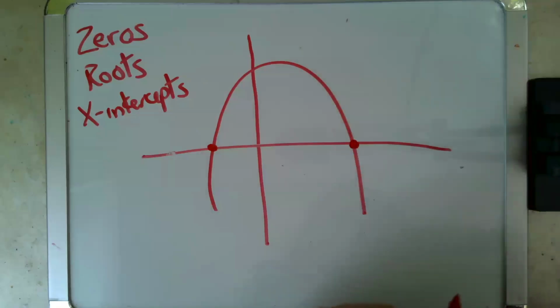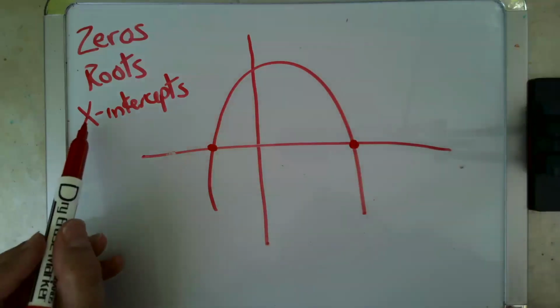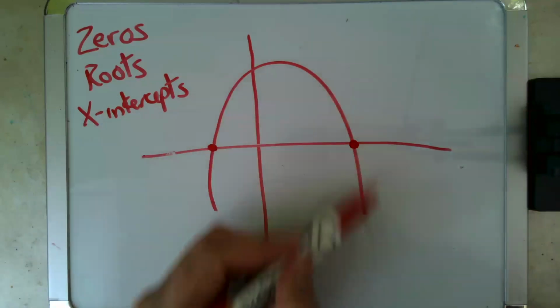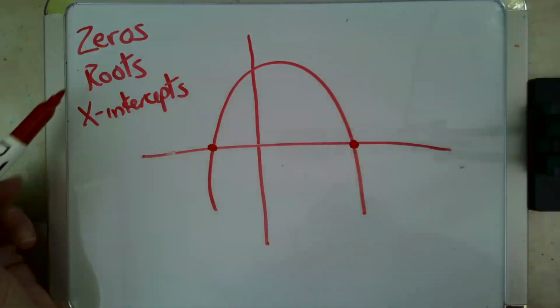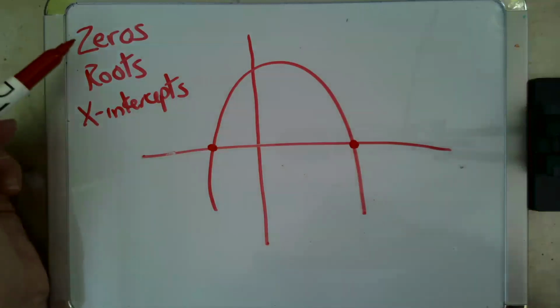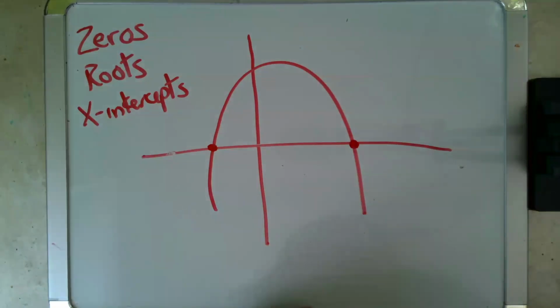So those 2 points, which are the x-intercepts, the place where your parabola intersects the x-axis, are also called the roots of the function, and they are also called the zeros of the function. How you find it depends on what you've been given and what method you've been asked to use.